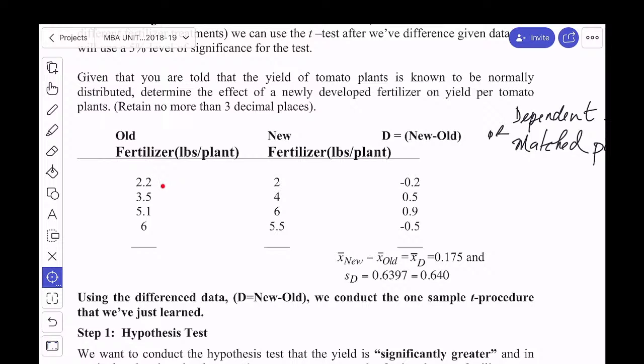In other words, they're matched on variables that determine productivity of the plant. But the only thing that's different in this controlled experiment is that the new fertilizer is used instead. Now with the new fertilizer, for this plant that's matched, there looks like a lower yield, but is this statistically different?